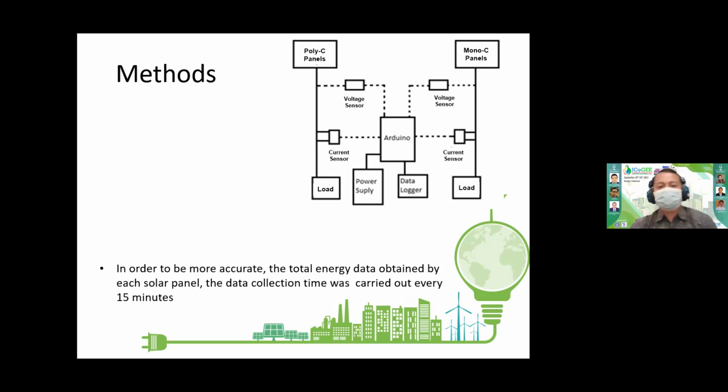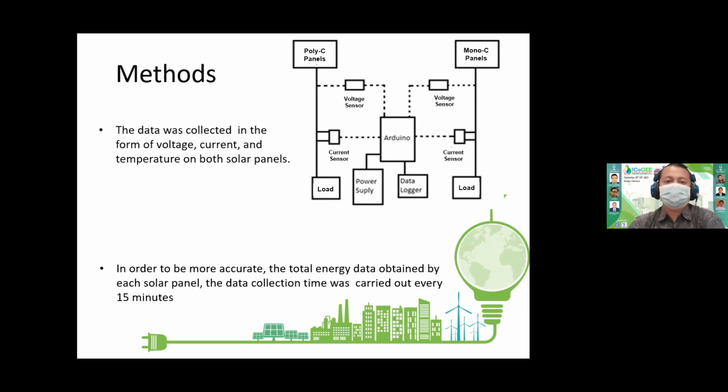In order to be more accurate in the total energy data obtained by each solar panel, the data collection was carried out every 15 minutes. The data was collected in the form of voltage, current, and temperature on both solar panels, at the same time and on the same day.